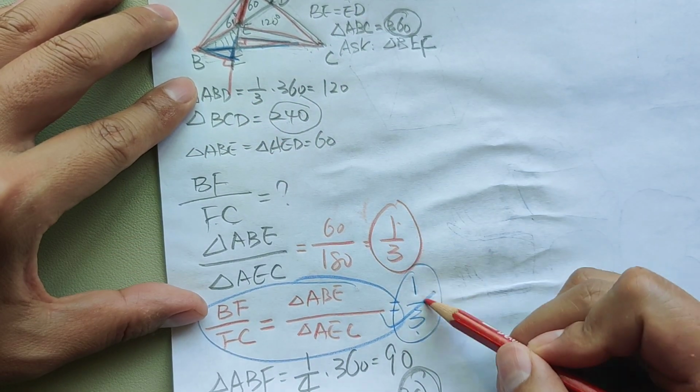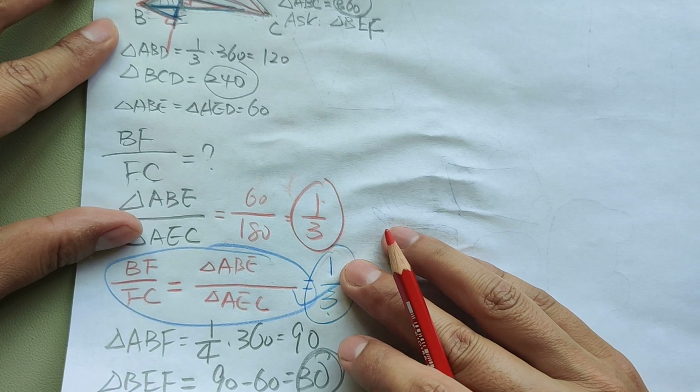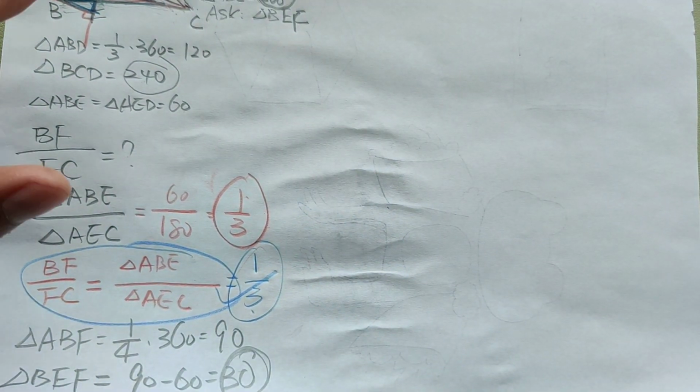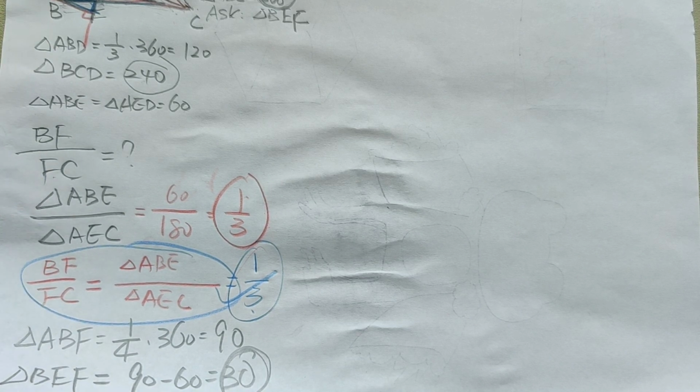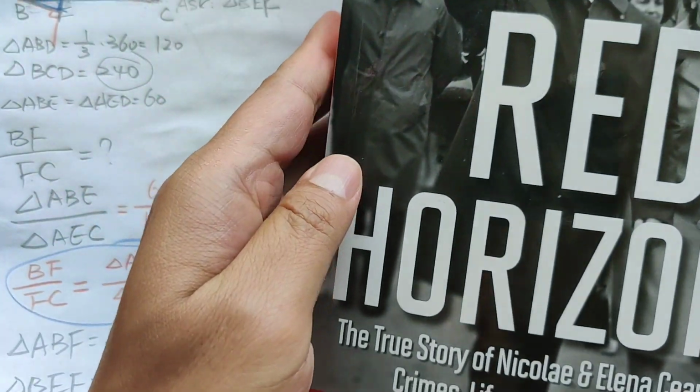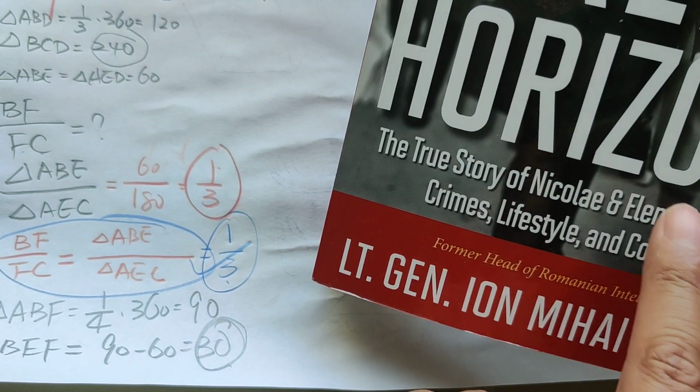With that, you deduce this thing here. Okay, let's solve the problem. There are other ways to solve the problem, but I feel like this is probably a very easy way to solve this problem.